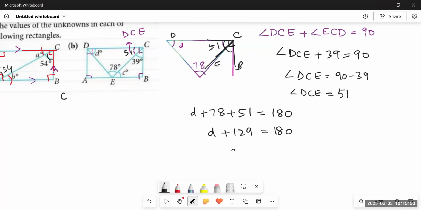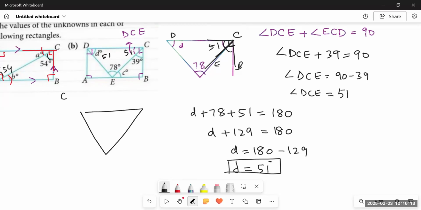When we subtract it from 180, we will find angle D. This angle would also be 51 degrees. It means angle D is also 51 degrees. And it also tells us that this triangle is an isosceles triangle. How? Because both of these angles are the same. When two angles are equal in a triangle, it means it's an isosceles triangle.